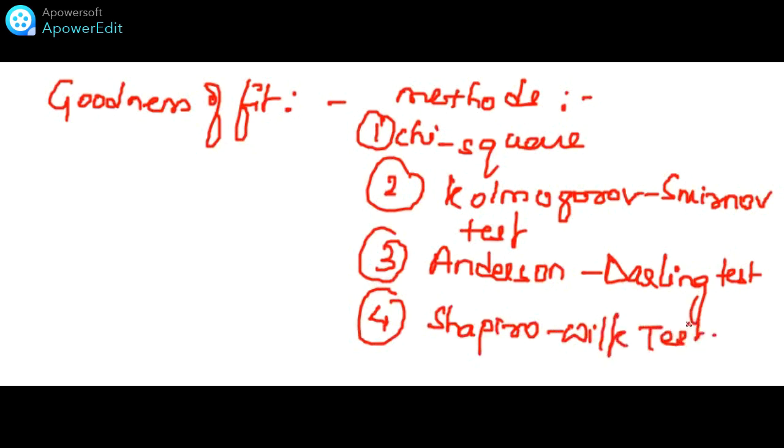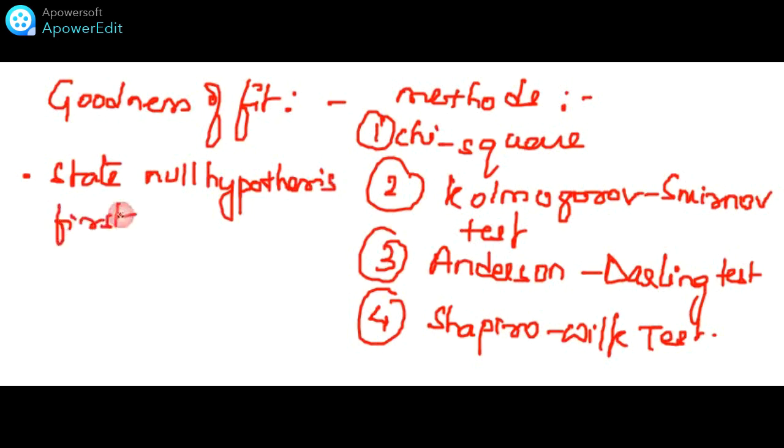Okay, and goodness of fit tests are often used in business also in decision making. In order to calculate the chi-square goodness of fit, it is necessary to first state the null hypothesis and alternate hypothesis, and choose a significance level.